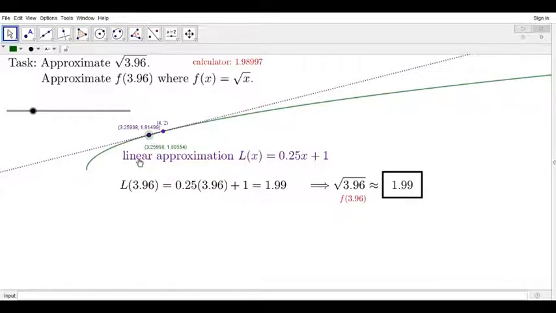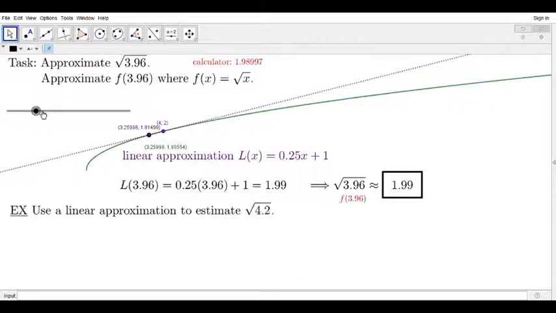Now for our next example, let's use what we've learned to approximate the square root of 4.2. This time, we're also going to use a linear approximation, in other words, the equation of a tangent line. Note, however, that just like 3.96, 4.2 is close to 4, which means that we can use the same tangent line.